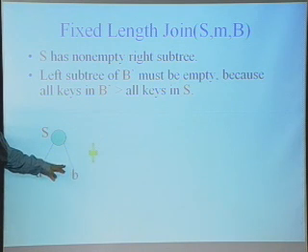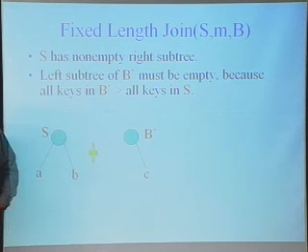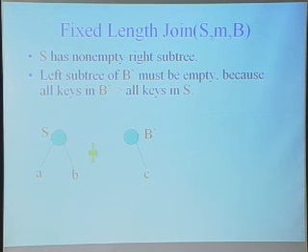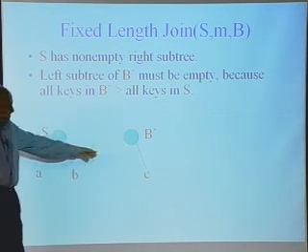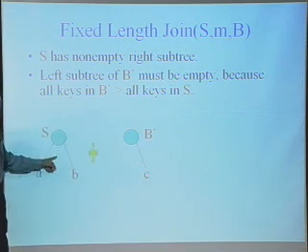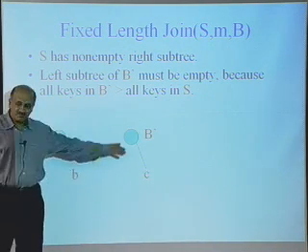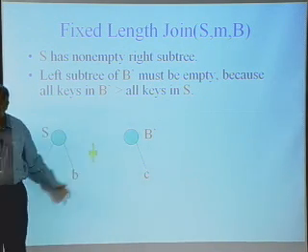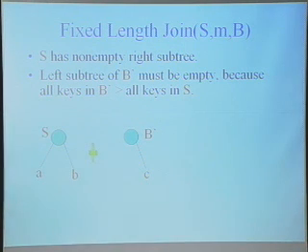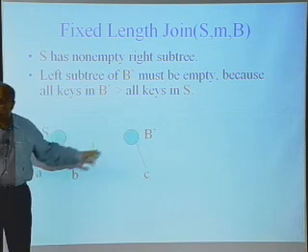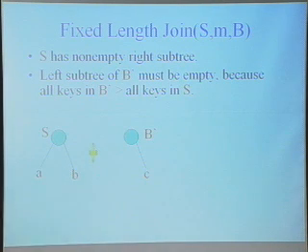So if it has some keys that begin with a 1, then B prime cannot have any keys that begin with a 0. If B prime had some keys that began with a 0, then everybody in B would be bigger than everybody down here, but that's not possible since everybody in this whole tree is smaller than everybody in that whole tree.